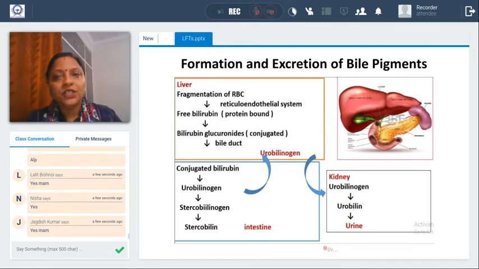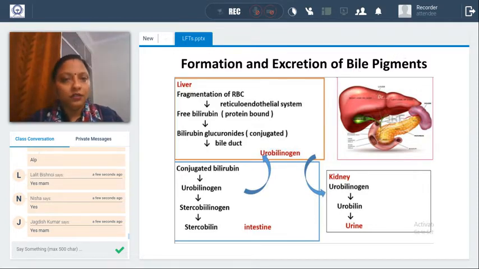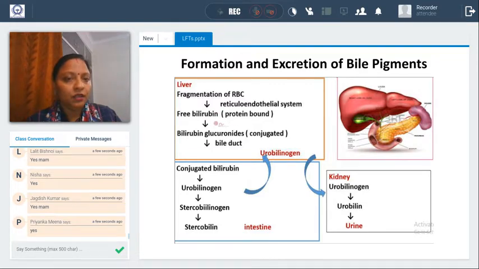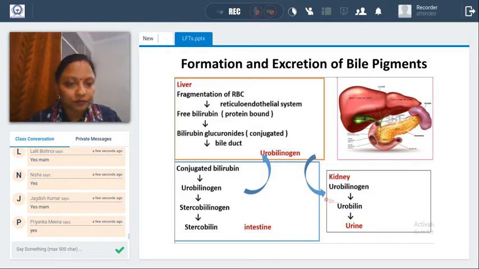Next is formation and excretion of bile pigment. You all know by the fragmentation or destruction of RBC, we will get free bilirubin, then conjugated bilirubin glucuronides, and then various compounds like urobilinogen, stercobilin in intestine, and in kidney urobilin, and then it is excreted in the urine.